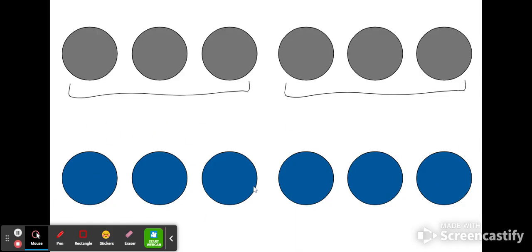Let's take these 6 blue balls and subtract 0 from them until we get 0. So let's take 6 minus 0, that's still 6. 6 minus 0, that's still 6. 6 minus 0, that's still 6.